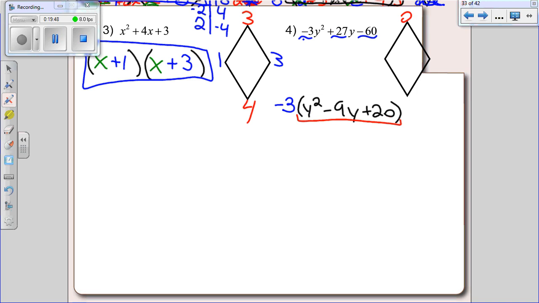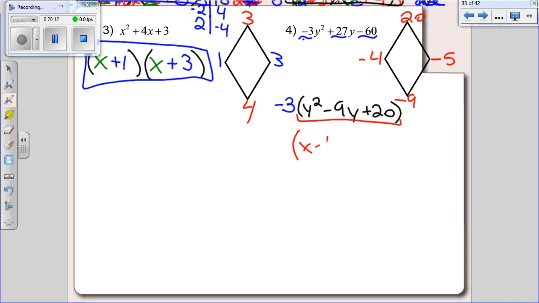Things that multiply to be 20 and add to be negative 9: negative 4 and negative 5. That means this trinomial that I've highlighted in red would change to be x minus 4, x minus 5.